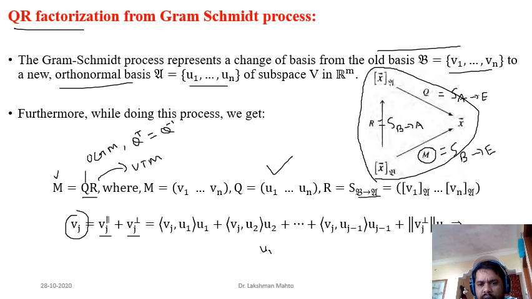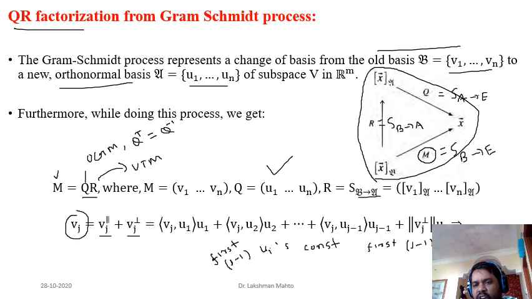So the first j minus 1 ui's, the orthonormal vectors, have been constructed from the first j minus 1 vi's.